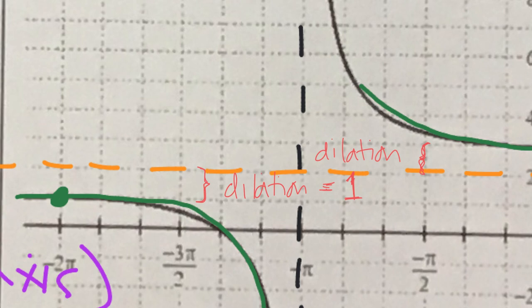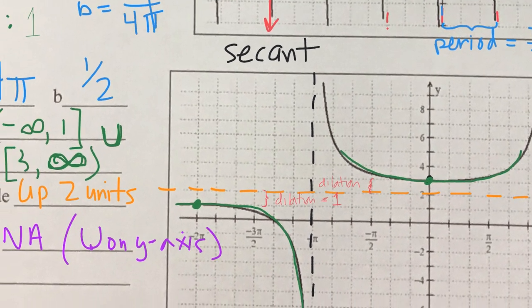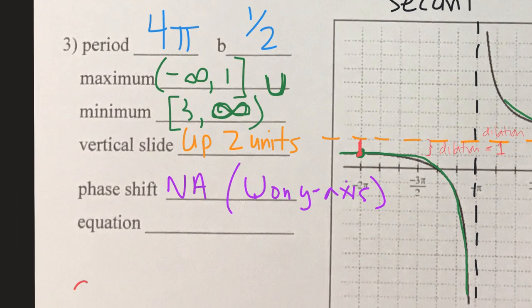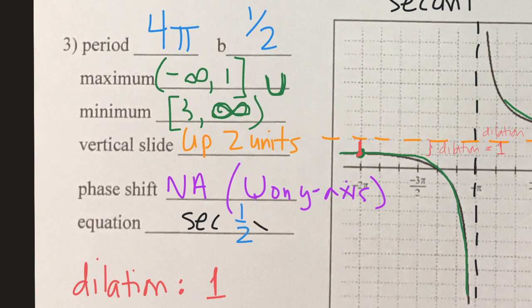Between your maximum point and the midline is your dilation. These graphs have a dilation of 1. So in other words, there's not going to be a number in front of secant. You don't have to write a 1, so I'm just going to erase it because it's not supposed to be there. Secant of, here's your b value, 1/2 of x.